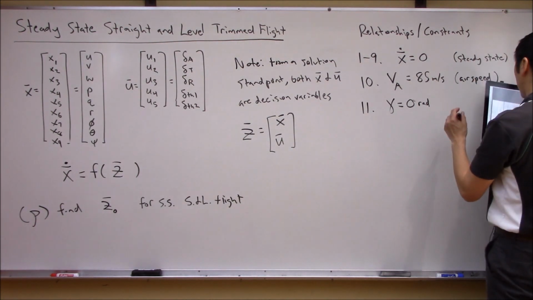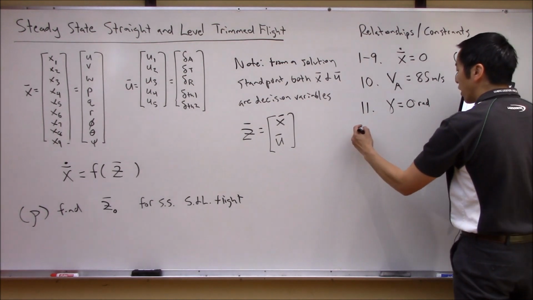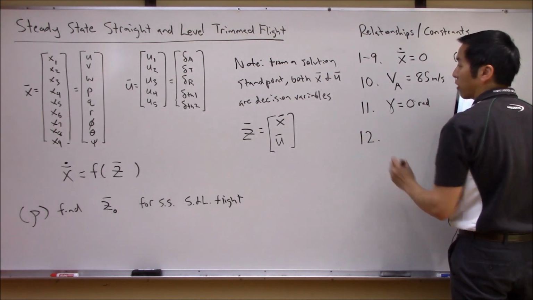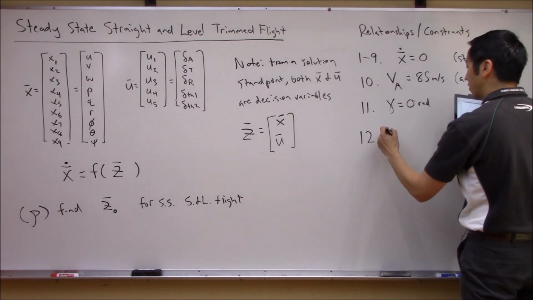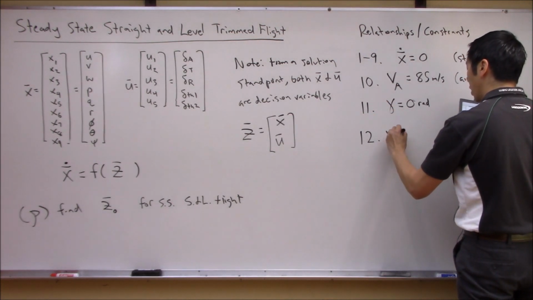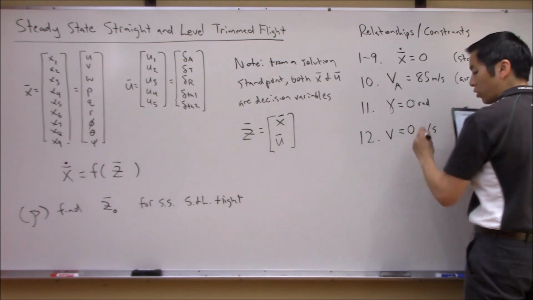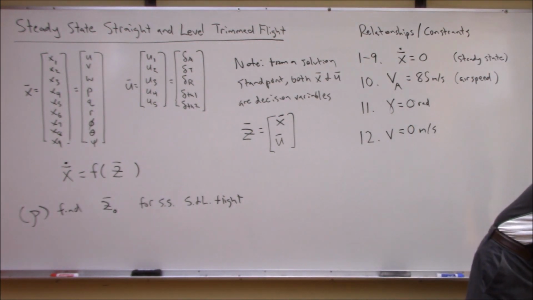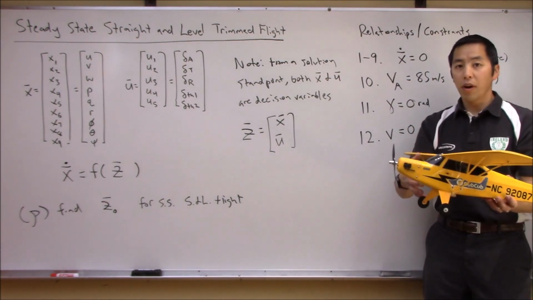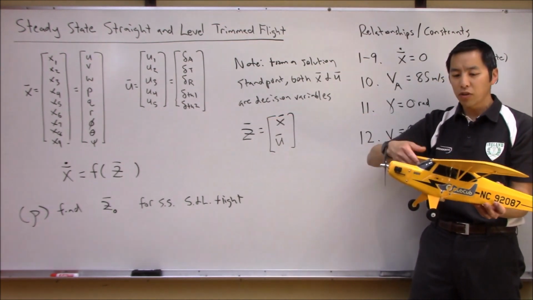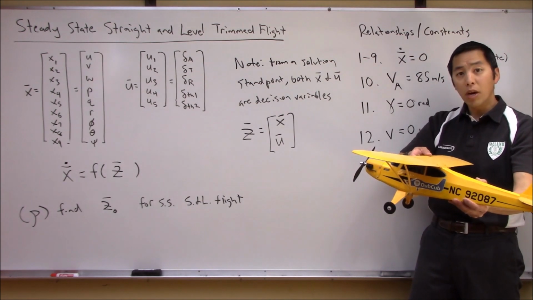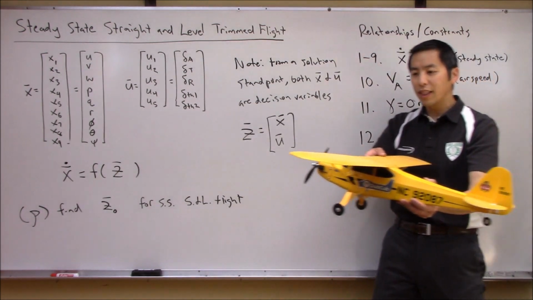This is part of the straight and level constraint. And in fact, straight and level means a couple of things, right? We also want no side slip. So let's do this. So 0 meters per second. So I don't want the aircraft, you could potentially get the aircraft moving along at the same altitude if you were to crab or crank the rudder over and slip your way through.